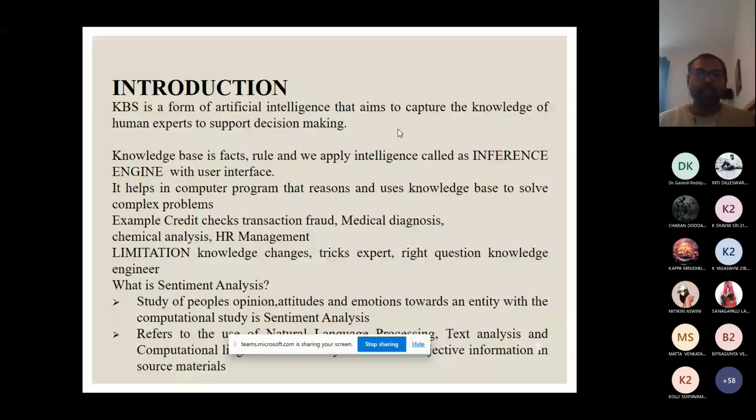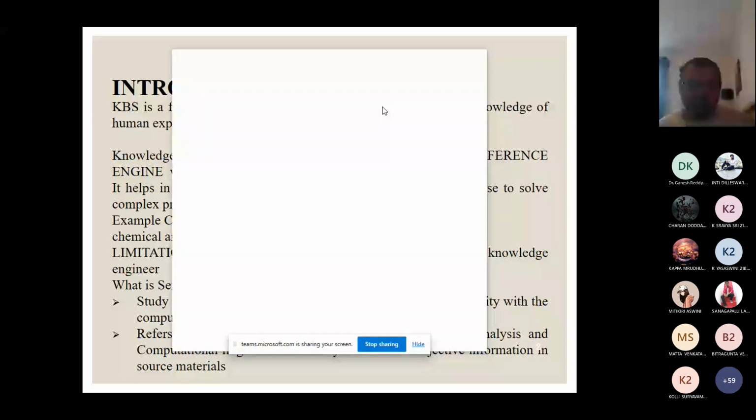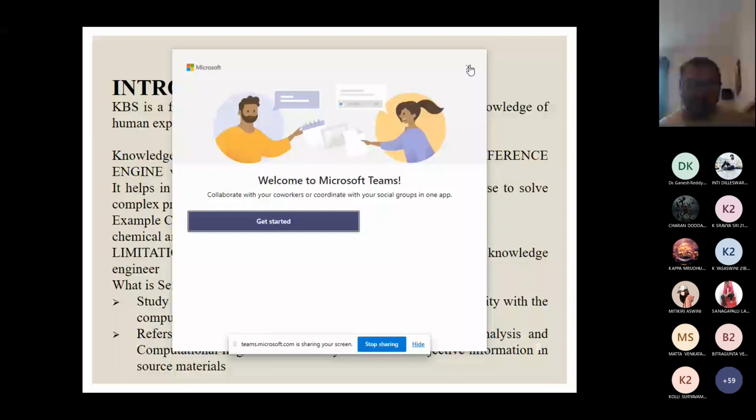My approach in this knowledge-based system is sentiment analysis. Sentiment analysis is a part of natural language processing. I have done work on text analysis, like social media data, Twitter.